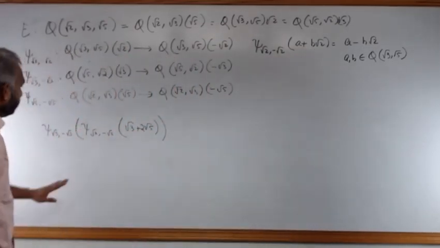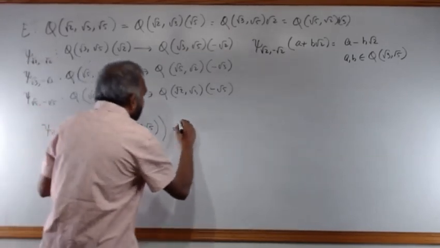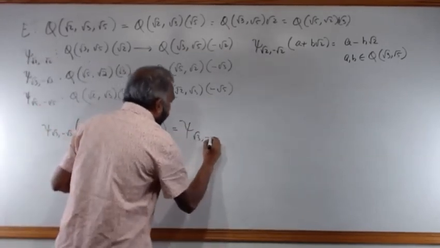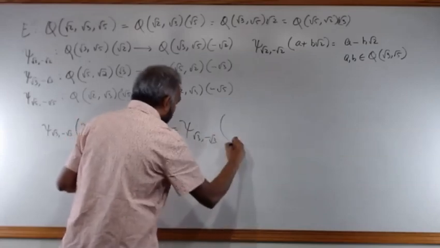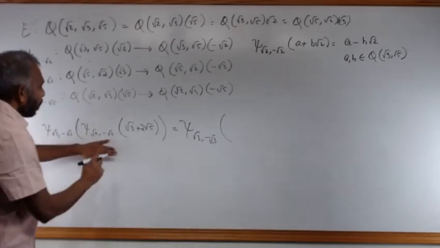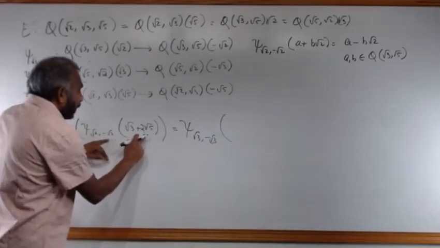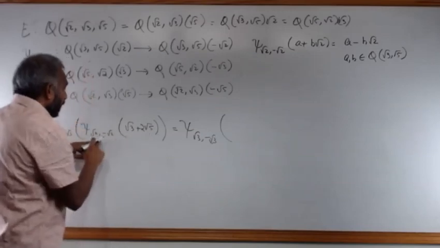So here, this is equal to psi of root 3 comma minus root 3 of, what is this? If you have a root 2 inside here, then it has got an effect.